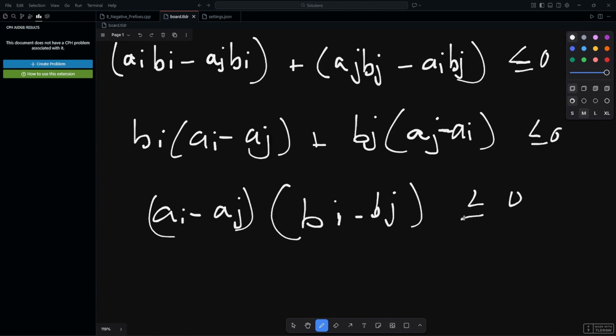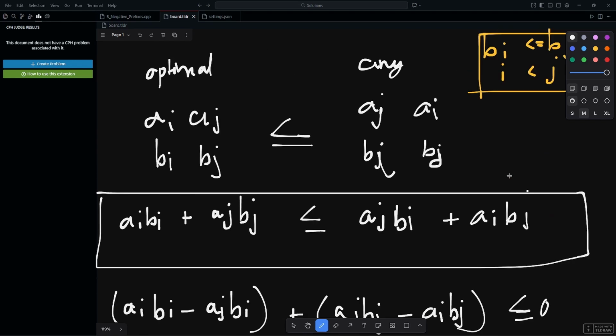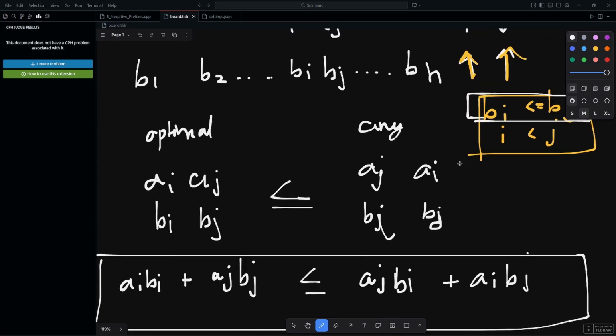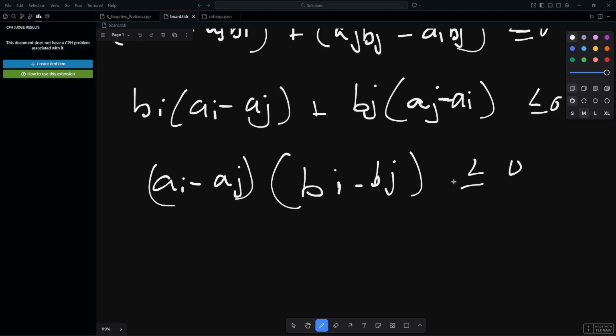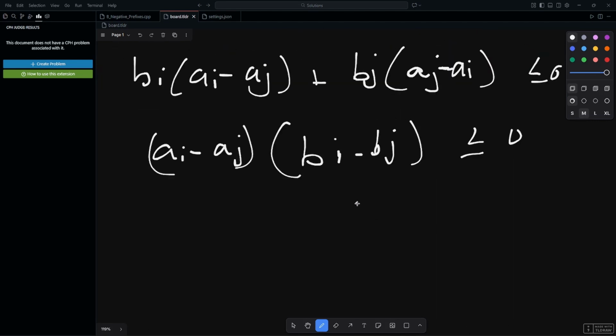And tell me one thing, if I'm doing BI minus BJ, what did we derive here at the starting? Not derived, but we sorted this thing in ascending order, which means BI is less than or equal to BJ. That means this particular thing would be negative, isn't it?